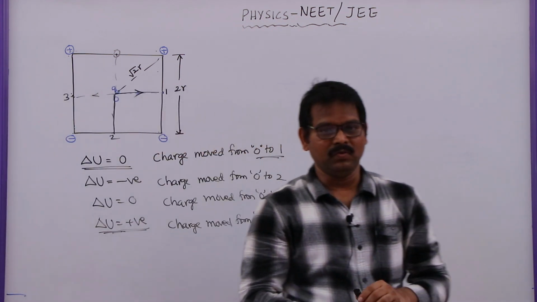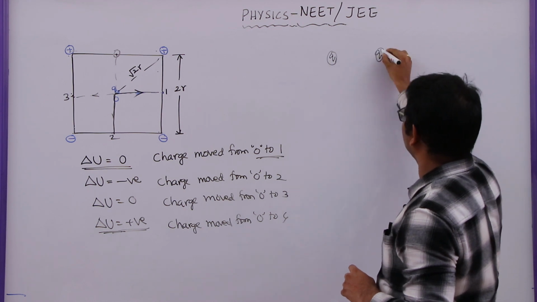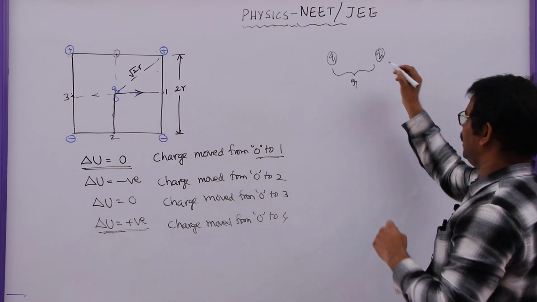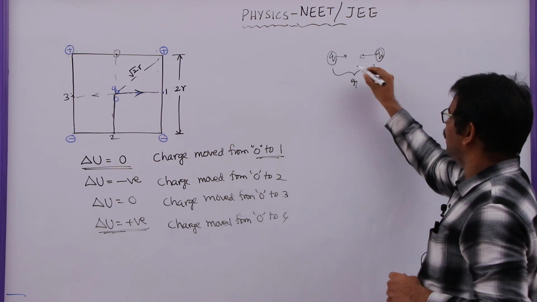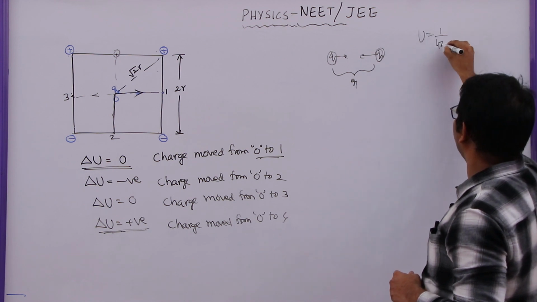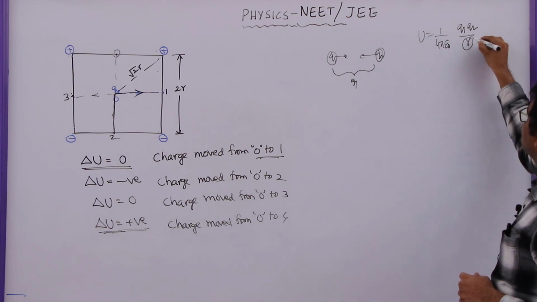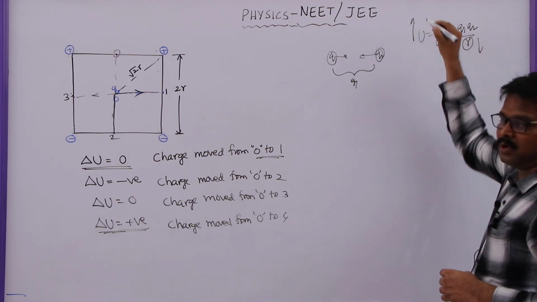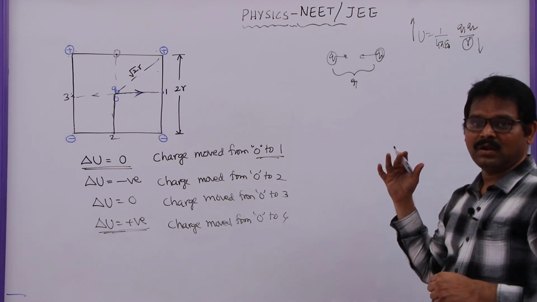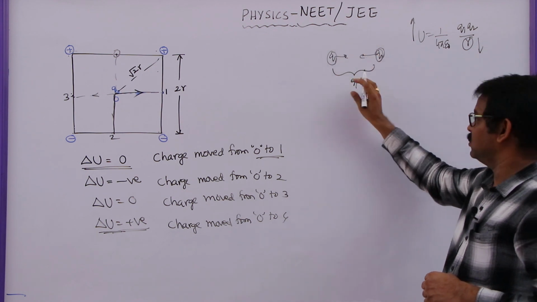So based on this, what is the conclusion? When two charges Q1 and Q2 are separated by some distance and brought nearer, as the distance decreases, from the equation U is equal to 1 by 4 pi epsilon naught Q1 Q2 by R, as R decreases, the potential energy will increase. That means the work done by the external force is equal to the change in potential energy, final potential energy minus initial potential energy.